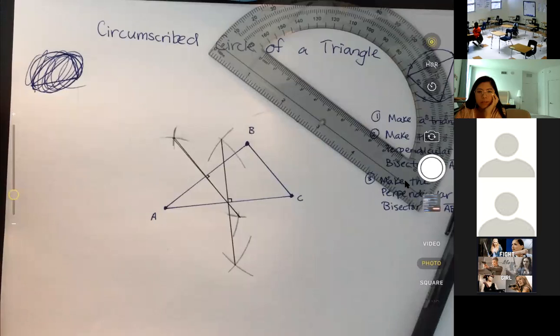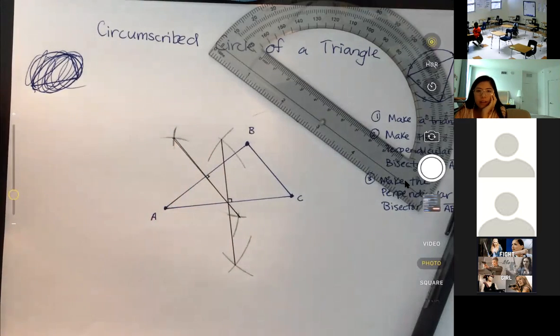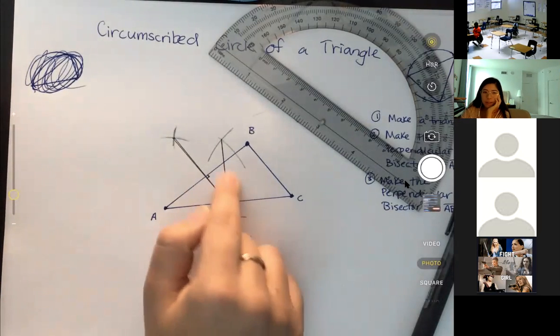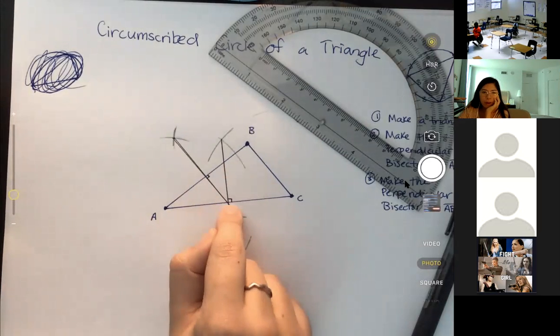Right, the two perpendicular bisectors. They connect right on AC. So technically what was supposed to happen is that they would connect somewhere in the middle, but I somehow created a triangle where it's perfectly on AC, and that doesn't usually happen.